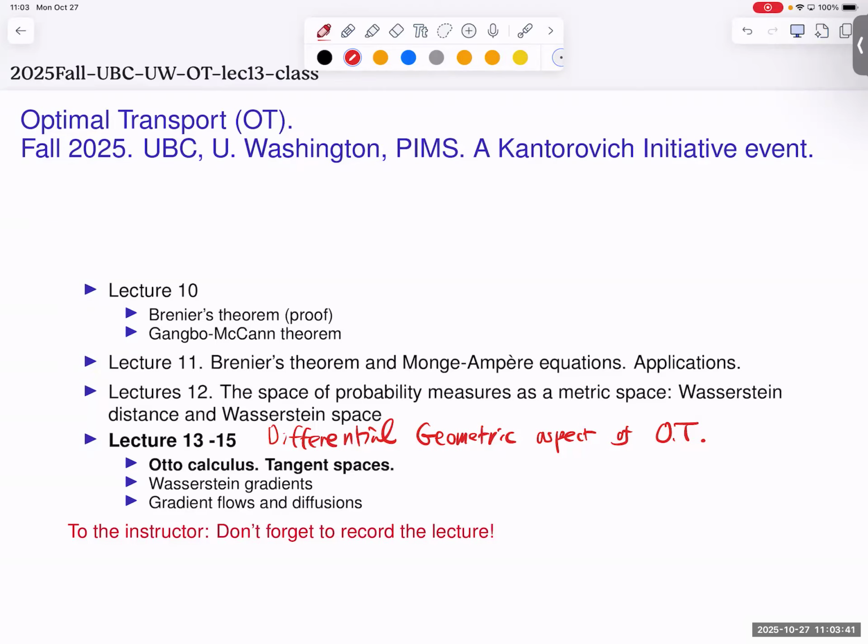Now we can consider curves and surfaces in the space of such probability distributions, and when you consider curves, we had, if you remember, the so-called Benamou-Brenier theorem connecting the arc length of the curve with the Wasserstein distance. Okay, but we will go a little bit deeper than that today.